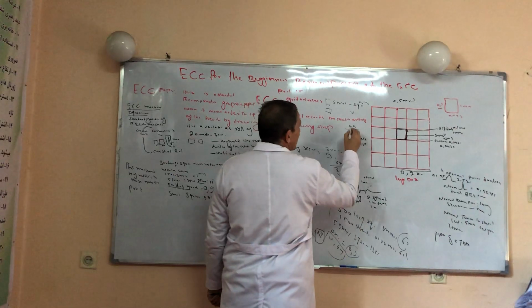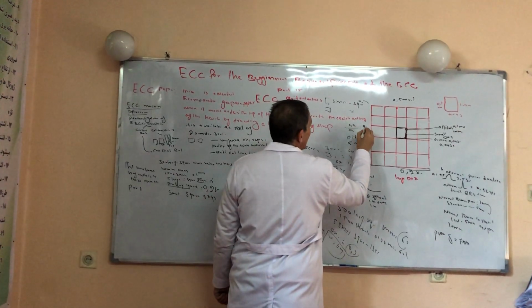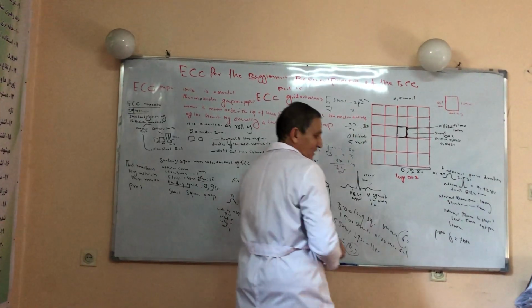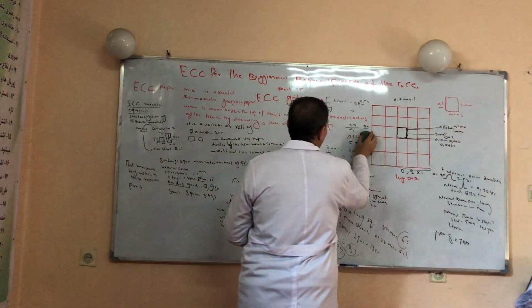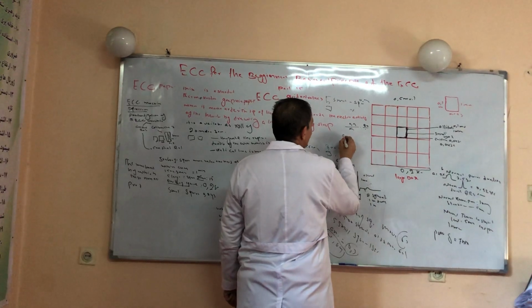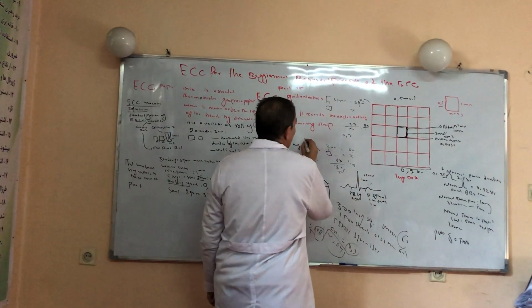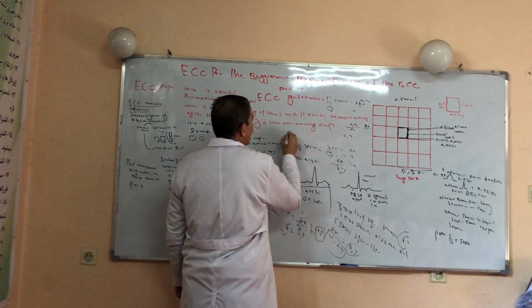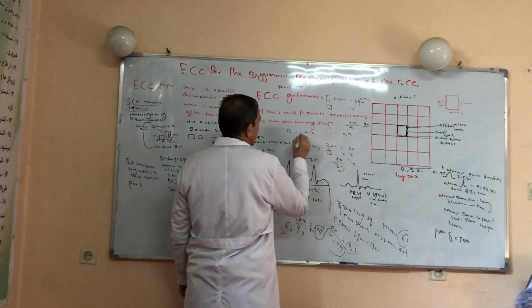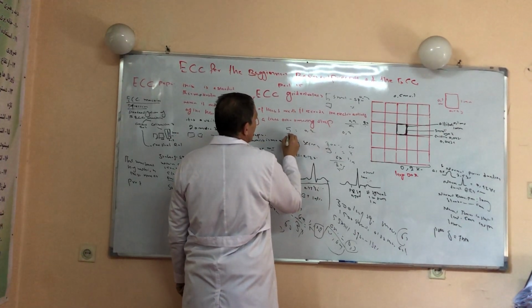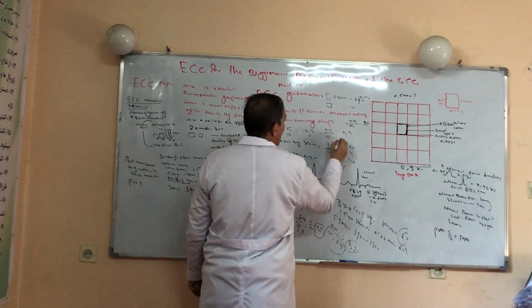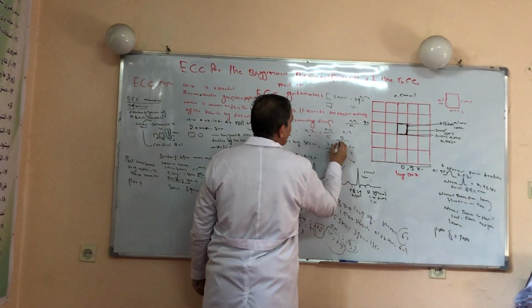We will first finish the pointer: 0.2 over 5, that is 2 over 50.